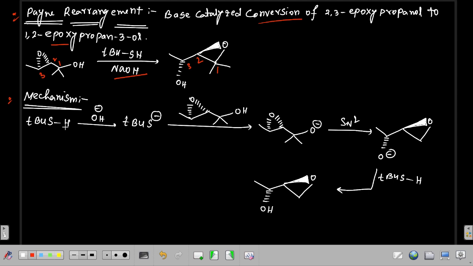So we are using tert-butyl thiol. In presence of this base, it undergoes removal of this proton and it leads to the formation of this anion.